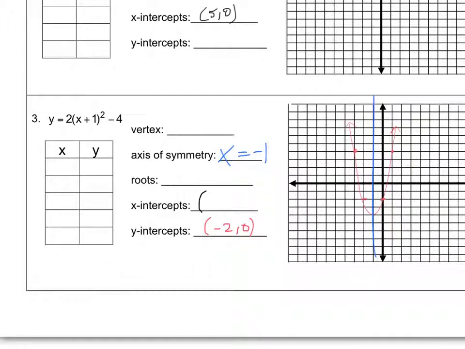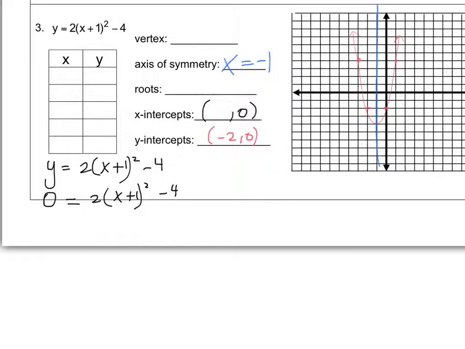The y of the x-intercept is always 0. So what you need to do is plug in 0 for y. This is how you do it algebraically, okay? So you plug in 0 for y, and you try to get the x. So basically you need to solve for x, and you do this algebraically if the x-intercept is not a pretty point.